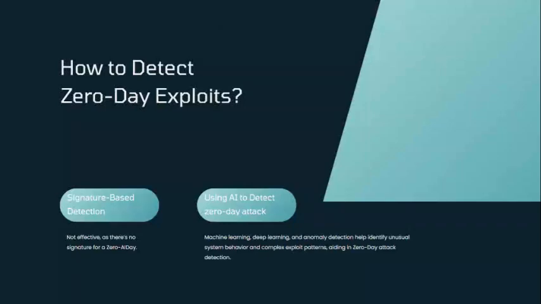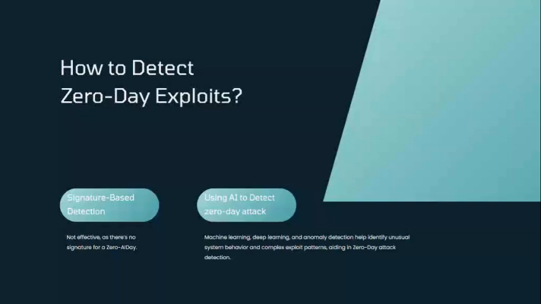Traditional methods like signature based detection simply don't work because there is no signature for the vulnerability detected yet. In fact, the vulnerability itself is not detected since it's a 0 day. We don't even have a patch for it, and so it's never been seen before.